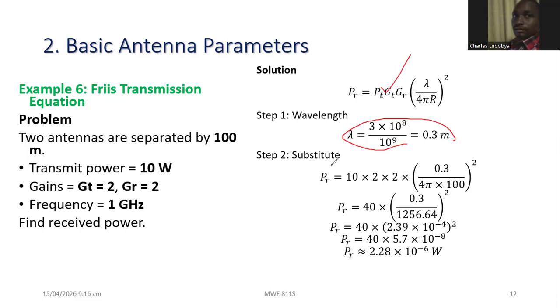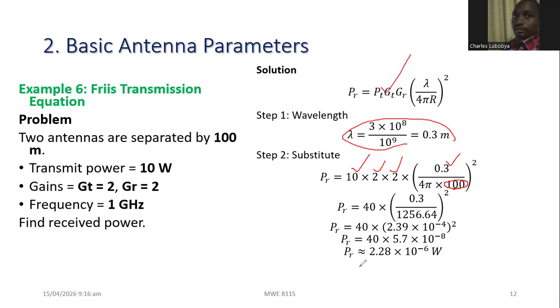Then you go to step number 2, substitute all these parameters that are given. You know the transmit power is 10 watts, the gain at the transmitter and the receiver are each 2. And then you have your wavelength 0.3, which you've just calculated. Square this, divide by, of course, 4 pi, and your distance between the transmitter and the receiver is 100.